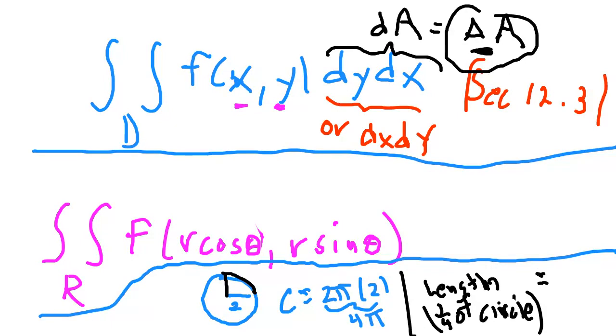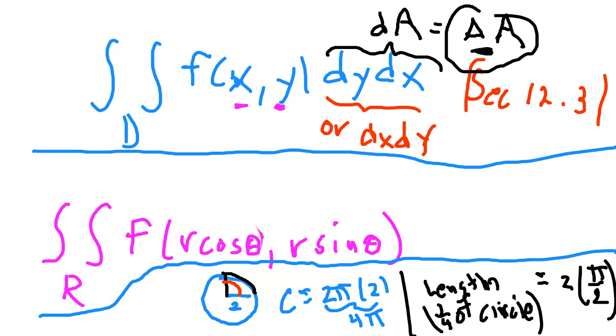And so that's like taking 2 times pi over 2, because this angle here is pi over 2.